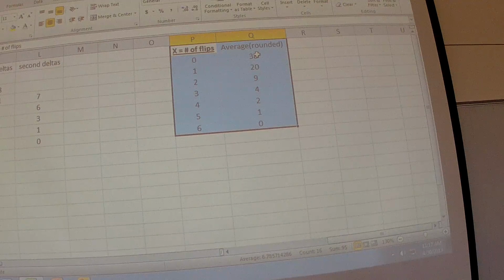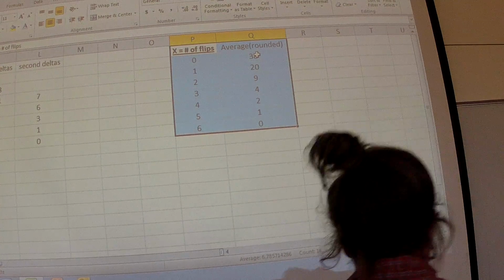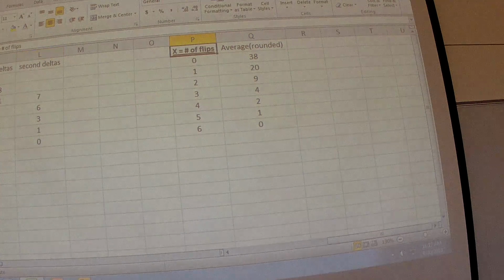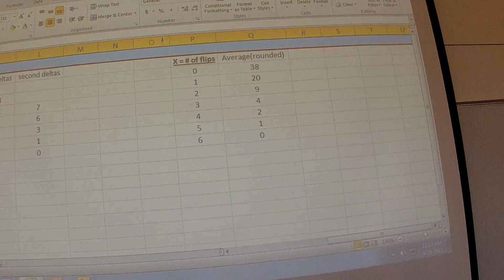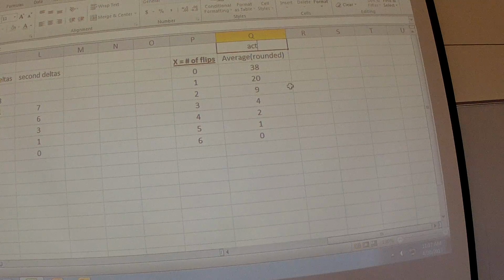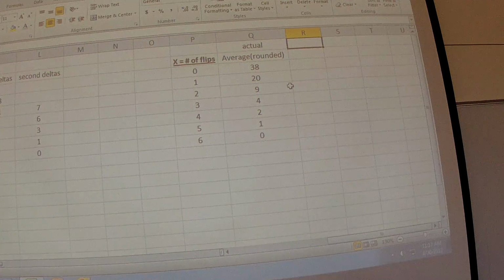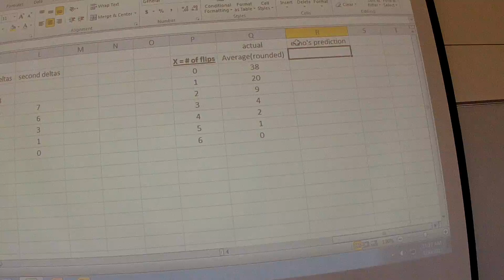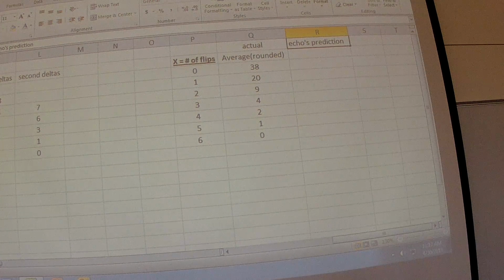Oh goodness, hang on. Let's see if this makes sense. Okay? Let's do predicted versus actual. So here's what we actually saw right here. Let me stick a row in here. Okay, here's actual, and here is Echo's prediction. With a capital E for name, huh? Yes? Okay, ready?